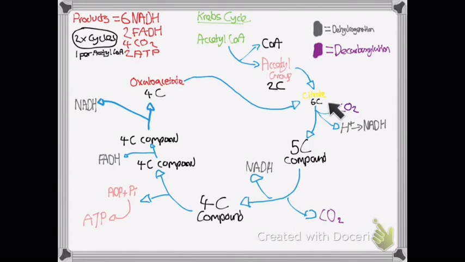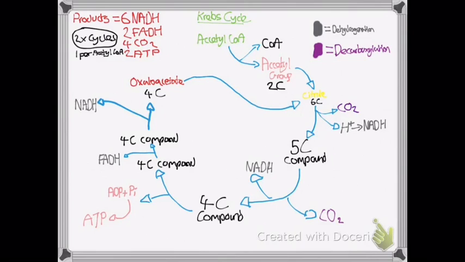This forms a 6-carbon compound called citrate. This needs to be reduced to a 5-carbon compound, so carbon dioxide leaves, decarboxylation, and hydrogen leaves, dehydrogenation, producing this 5C compound, which you don't need to know the name of.